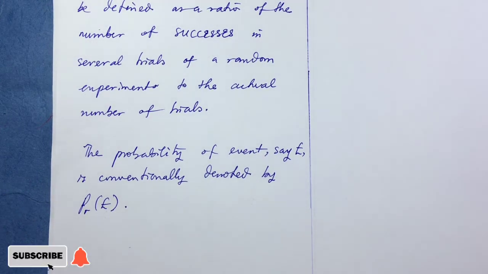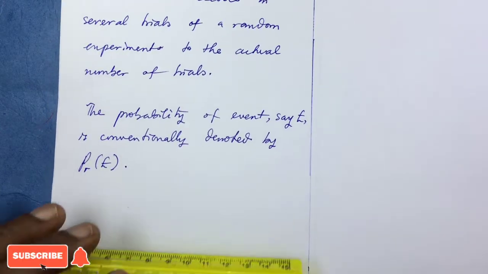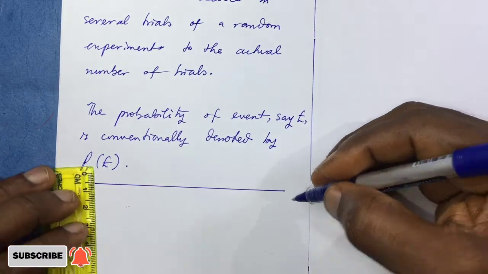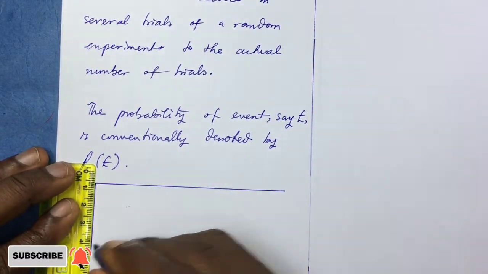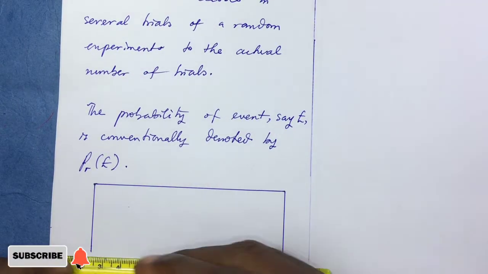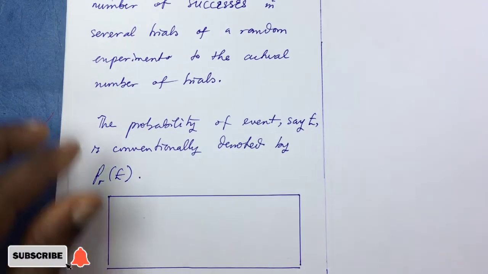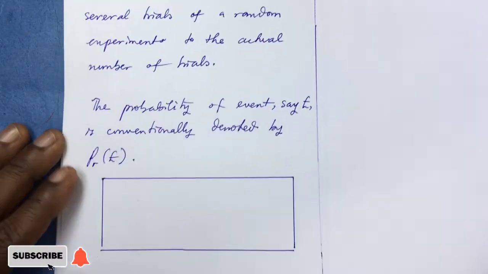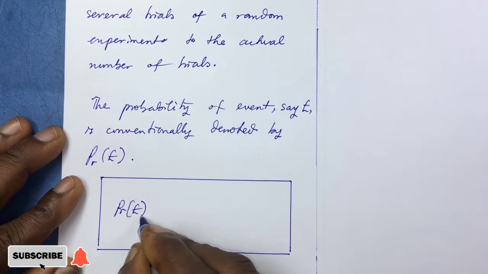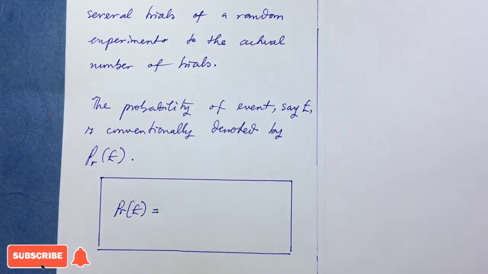Now, if we note this as the conventional notation of probability, we can therefore take the empirical definition concretely. Now that we know we can represent the probability of an event as PR(E), let us rewrite that definition in more concrete terms.